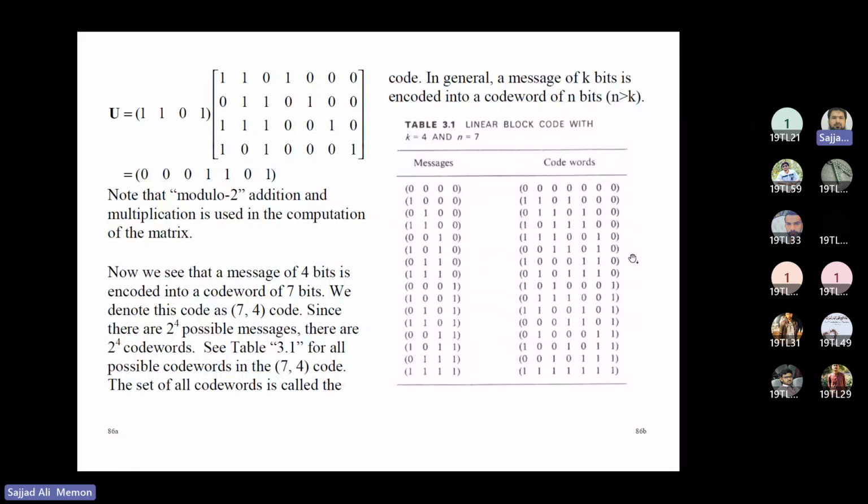If any code word falls within this subspace, then we cannot detect the error. It might be possible that the code word that is in error looks like another code word available in the subspace. In that case, we will not be able to detect the error.